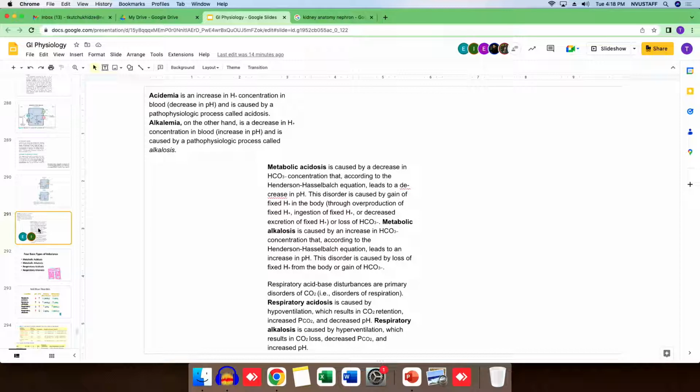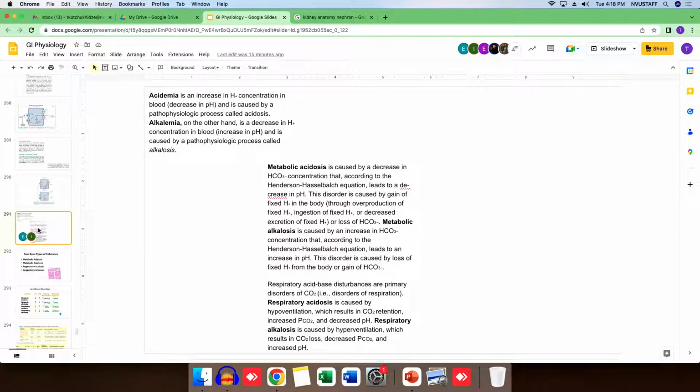And when we are having metabolic alkalosis, it is vice versa, the increased amount of the bicarbonate in the blood. So HCO3 matters in the metabolic cases. When we are having respiratory acidosis, it is caused by the retention of lots of CO2. And when we're having respiratory alkalosis, we are excreting, like with the respiration, lots of CO2.